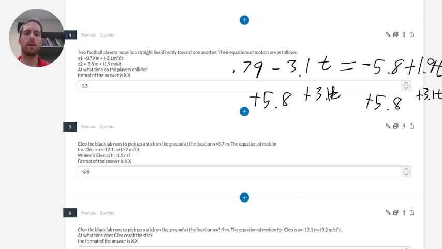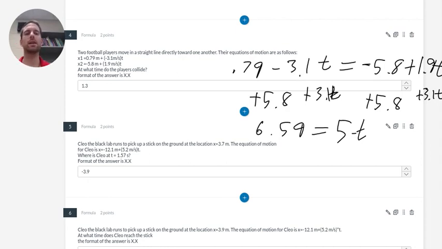So 5.8 plus 0.79 is going to be 6.59 equaling 3.1 plus 1.9 is going to be 5 times the time. Then I get 6.59.